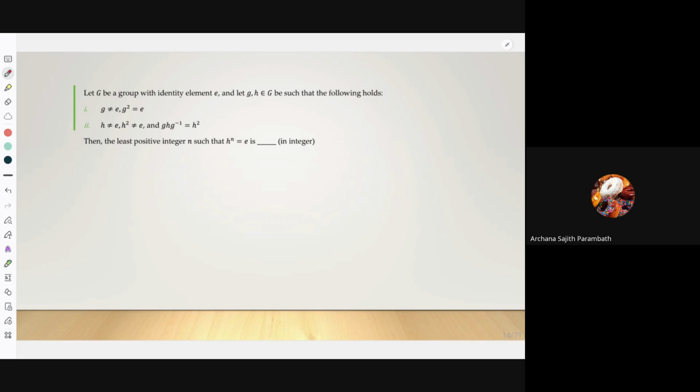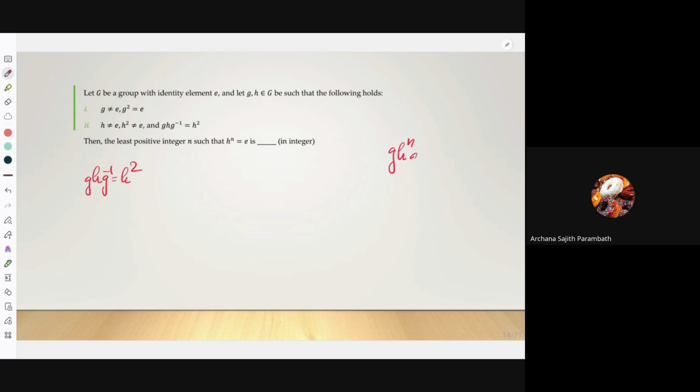So the one crucial thing which we will play with here is g h g inverse is h square. So now what can we do with this? Whenever we look at g h g inverse, the conjugation kind of operation, we think of two possibilities to go.